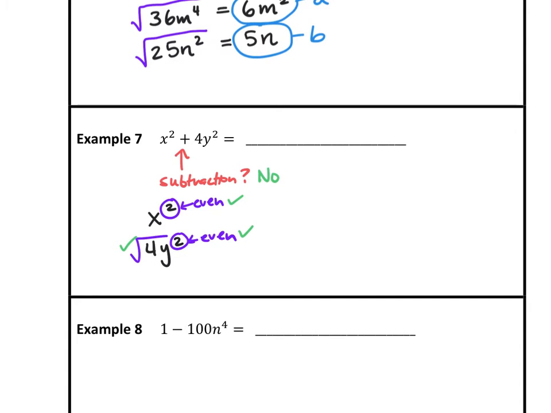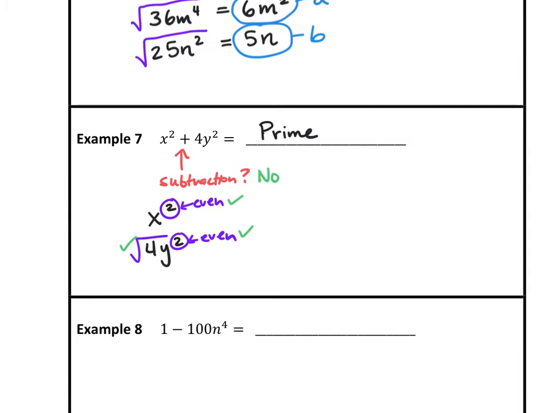We can't use the rule that we've been using. The rule only works if we have subtraction and if we have perfect squares. That's why it's called difference of squares. So we would say, we call this one prime.